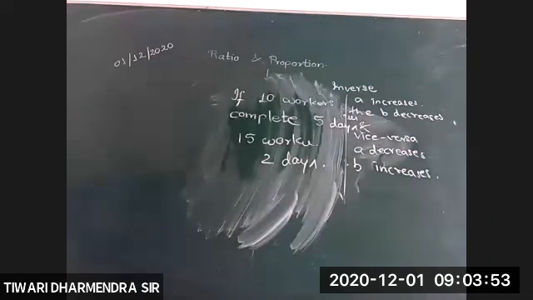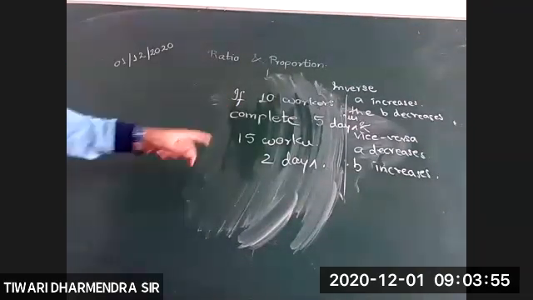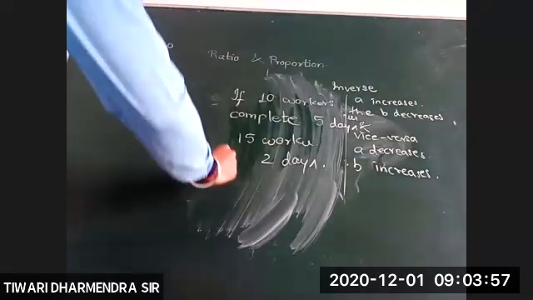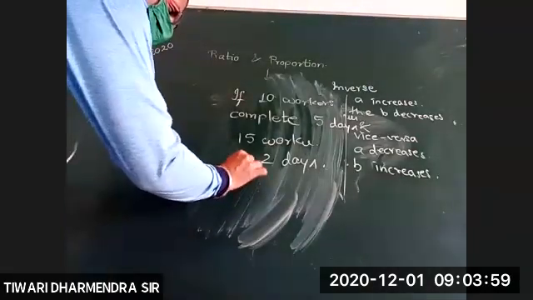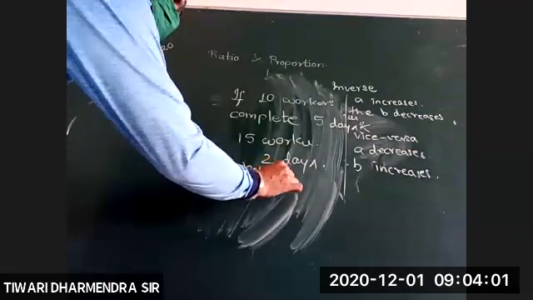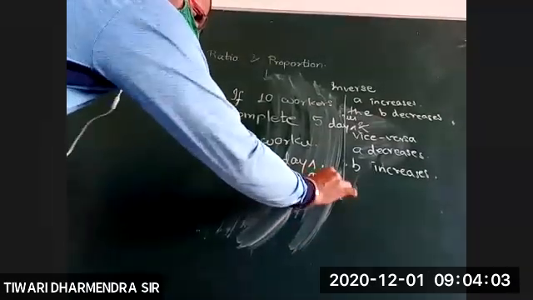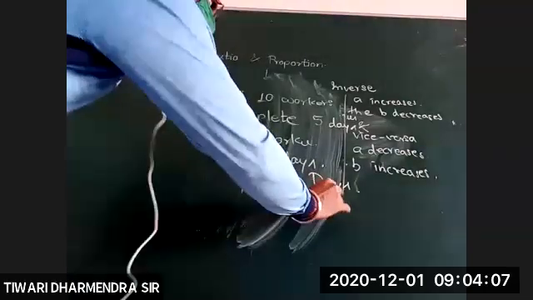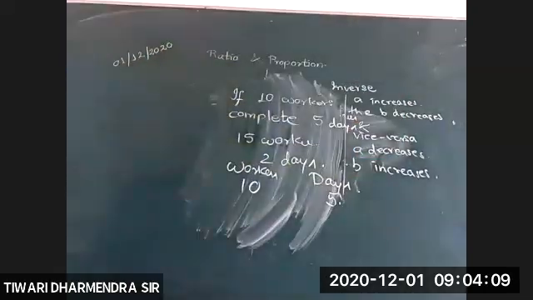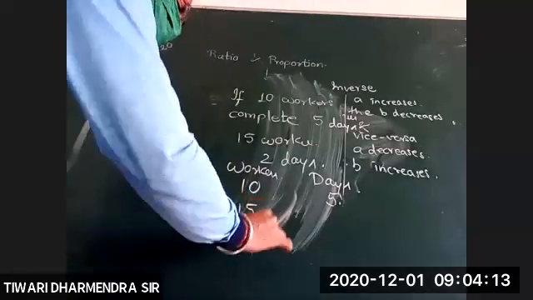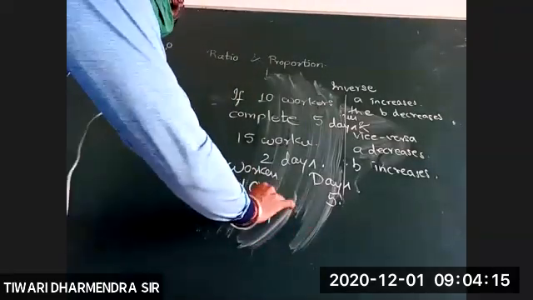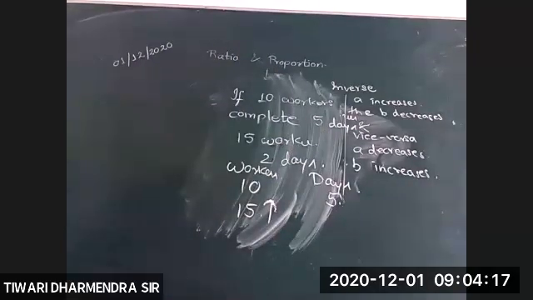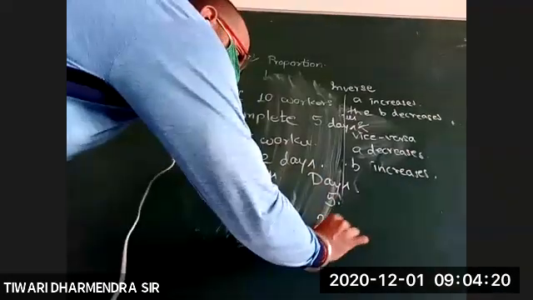So this is an example. Here we can see one quantity, that is workers, and here days. When workers were 10, days required was 5. When workers increased to 15, the days reduced to 2 or 3.